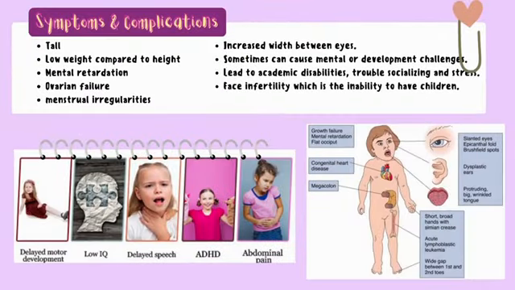As you guys can see here, these are the common symptoms which they will have. For example, being tall, low in weight, having mental retardation, ovarian failure, menstrual irregularities. Sometimes they can cause mental or developmental challenges. This also leads to academic disabilities, trouble socializing, and even stress.